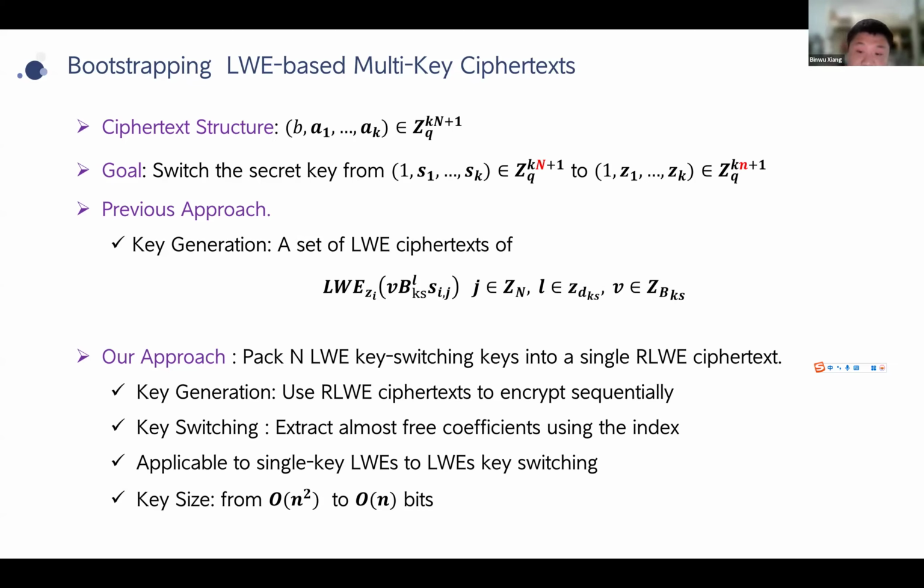It's worth noting that the secret key after the key switching is only of length small n. So while our real LWE key switching key is in big N dimensional space, the secret key in our key switching key only has values in the first n entries. Theoretically speaking, as long as the secret key has sufficient entropy, it can still be reduced to the standard ring LWE assumptions.